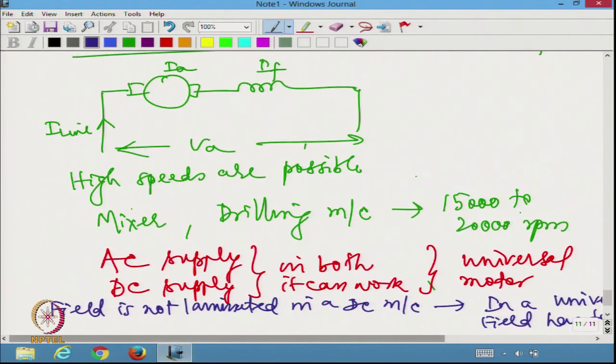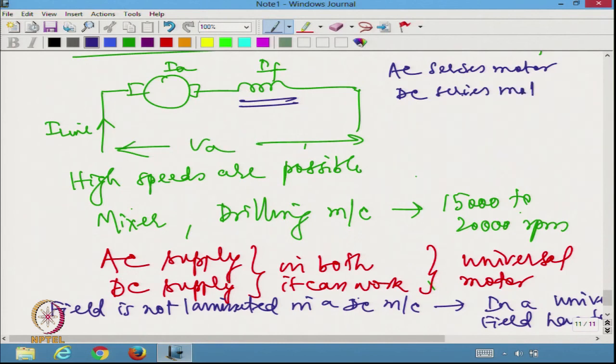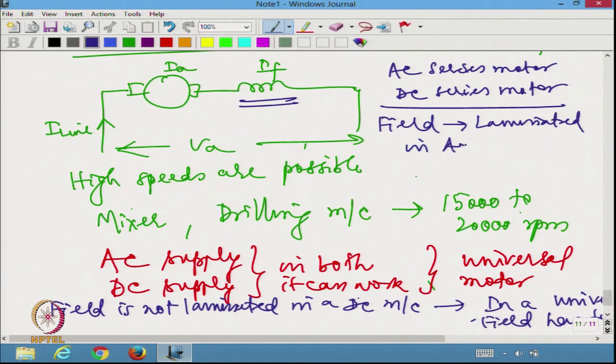Because the flux is alternating, we definitely need to make sure that the field system also has to be laminated. So, the major difference between AC series motor and DC series motor is the field being laminated. So, field will be laminated in AC, whereas that is not laminated in DC series motor.